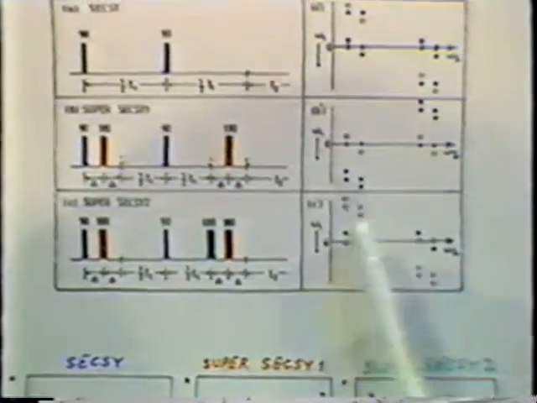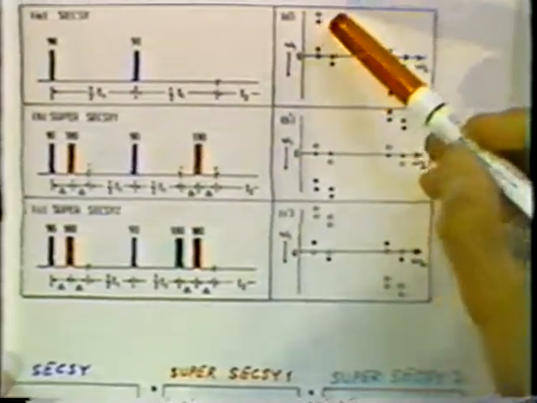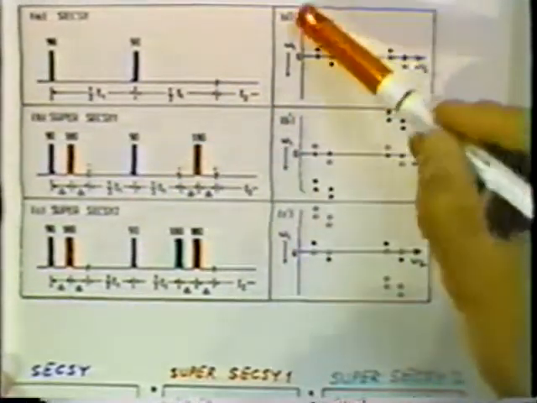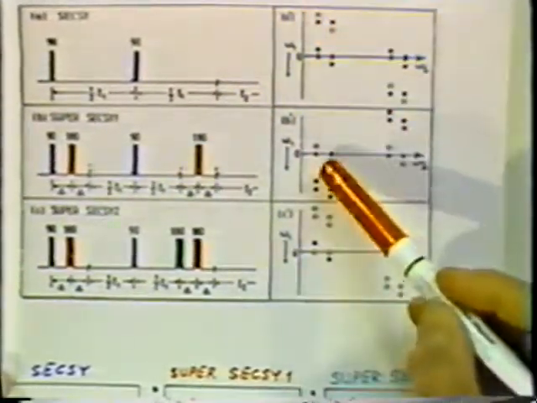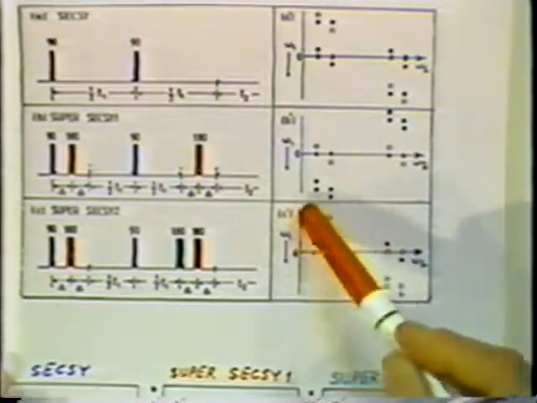And the plus-minus character in this SECSY experiment of the cross peak has gone into the diagonal peak in the super SECSY, and the cross peaks are in phase as expected.